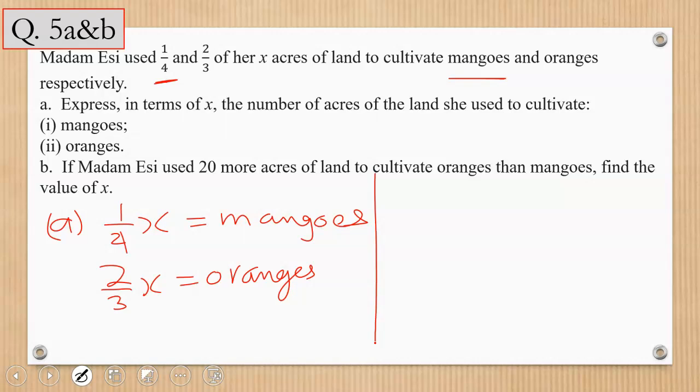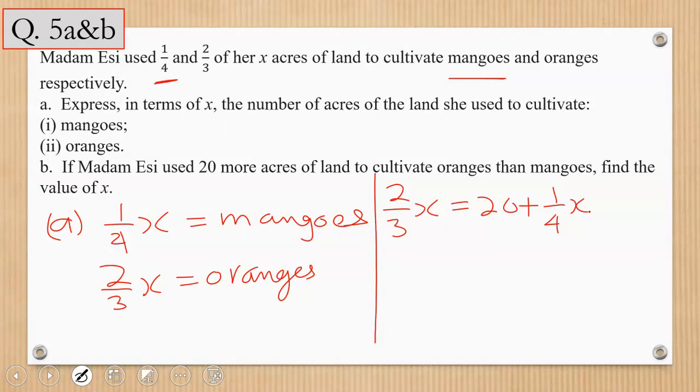So we can say that the acres of land used to cultivate oranges, which is 2/3 of X, is 20 plus that of the one that was used to cultivate mangoes. And so that becomes an equation for us to solve.